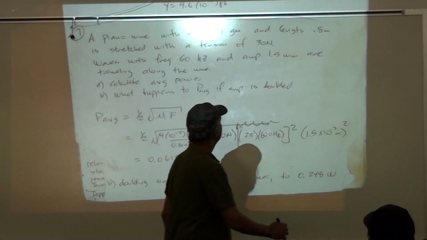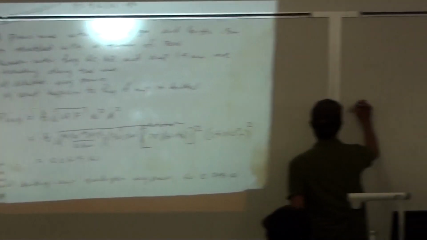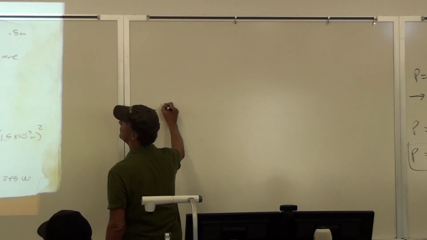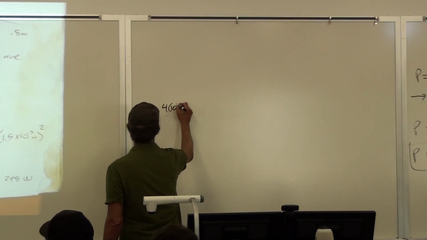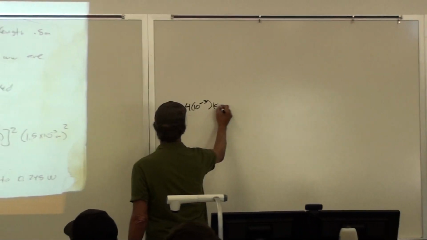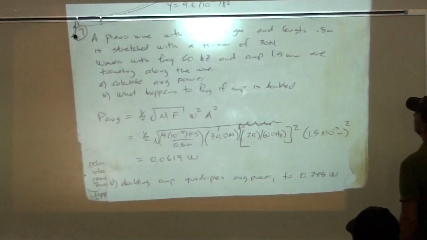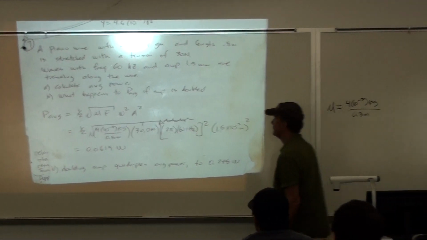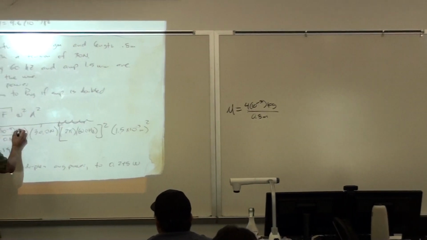So our mu in this case is equal to the mass, 4 times 10 to the minus 3 kilograms, divided by the total length, which is 0.8 meters. So that's what I've got in here for mu.